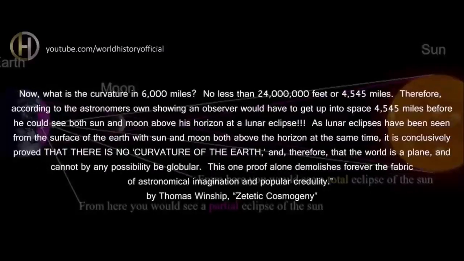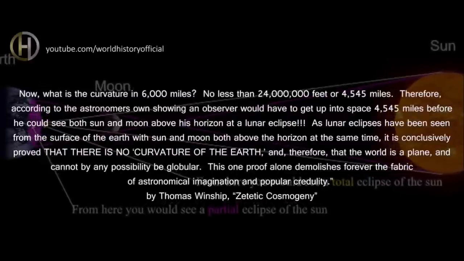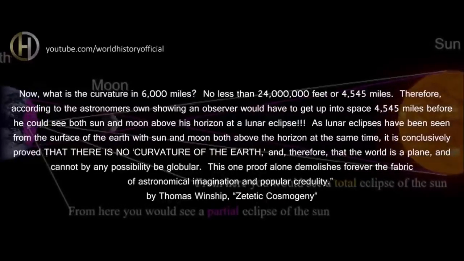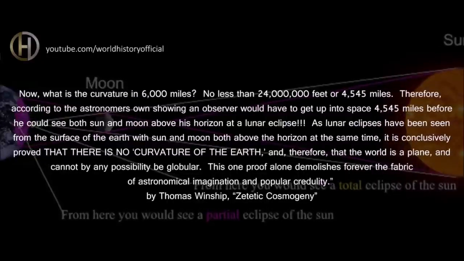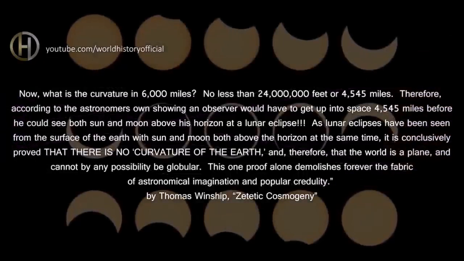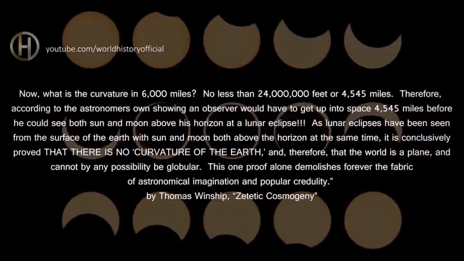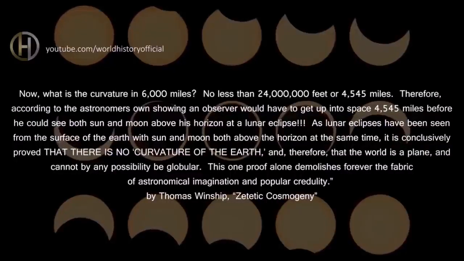Now, what is the curvature in 6,000 miles? No less than 24 million feet or 4,545 miles. Therefore, according to the astronomer's own showing, an observer would have to get up into space 4,545 miles before he could see both Sun and Moon above his horizon at a lunar eclipse.